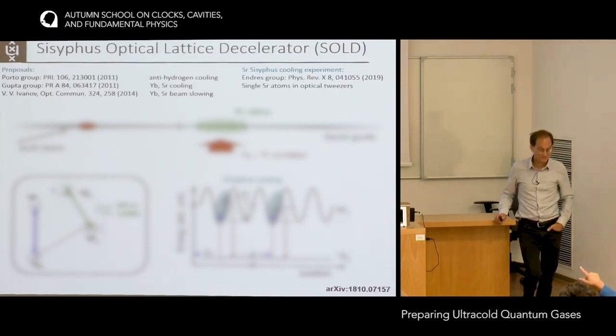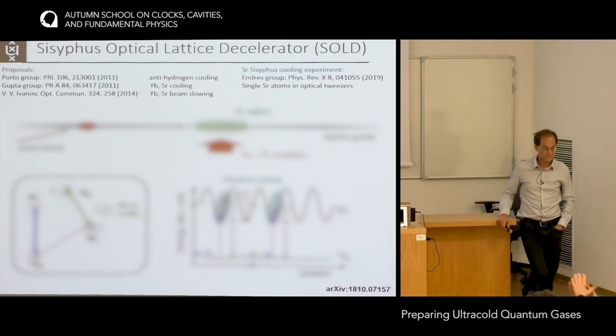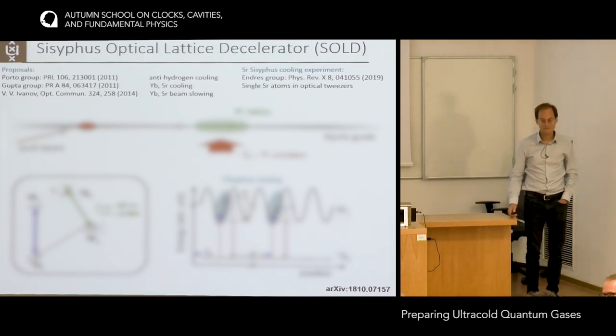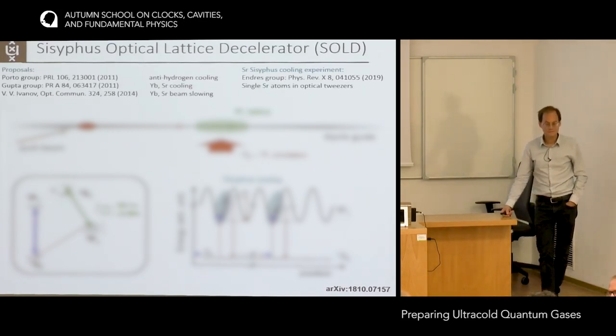Actually, what it gives you is this picture with this small bump that you showed us before. And in fact, Sisyphus cooling in the simple form was probably used only once or twice in our history as scientists. There are always two sigma minus, sigma plus beams. But that's something you have to read in the article and try to understand, because it's very complicated. It's not as easy as the one guy on the stone.